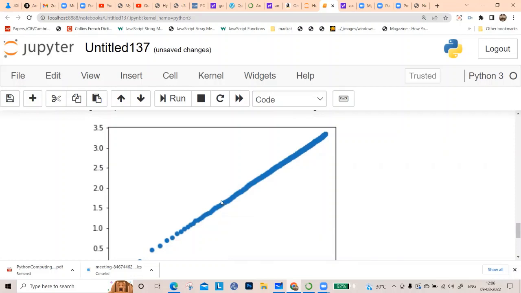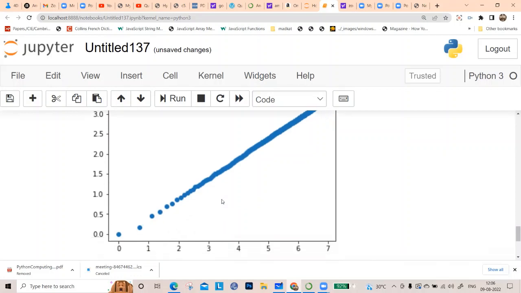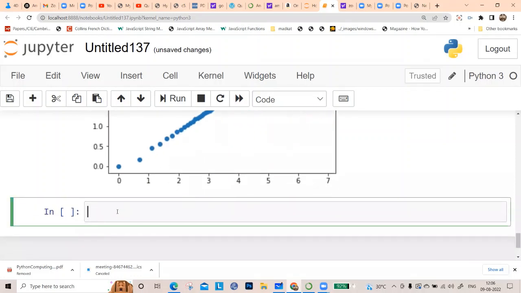Okay, so let me try to do that. For that, I import numpy dot polynomial. That means numpy is a package, under it there is a module called polynomial, and under that you have a submodule called polynomial again, as poly. So it's a shortcut.